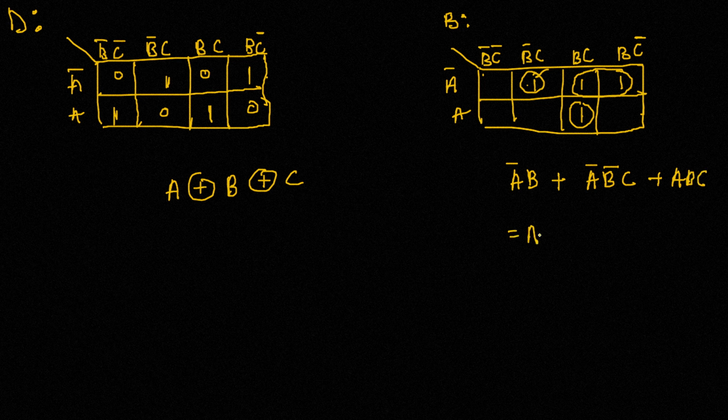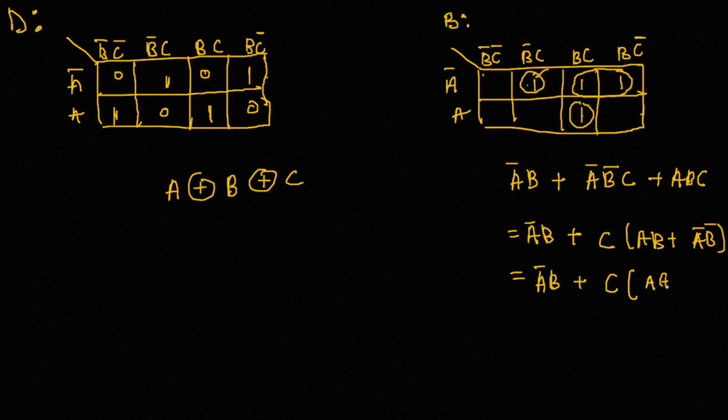So now we have A complement B plus we take C common here, and we have AB plus A complement B complement. So this is A complement B plus C A XNOR of B. Okay, so this is the borrow out for a full subtractor.